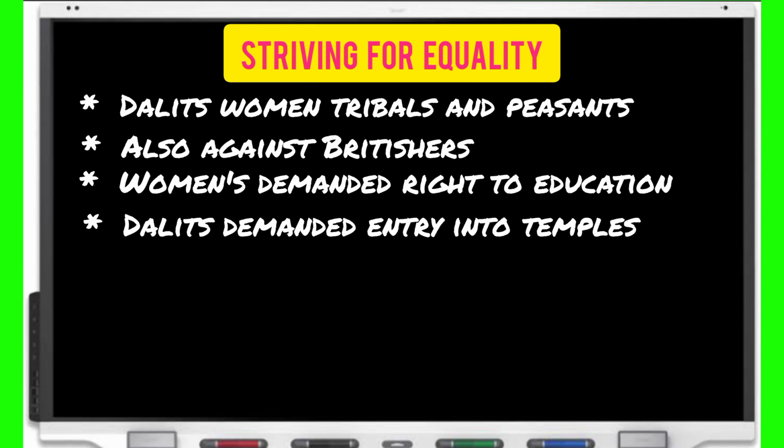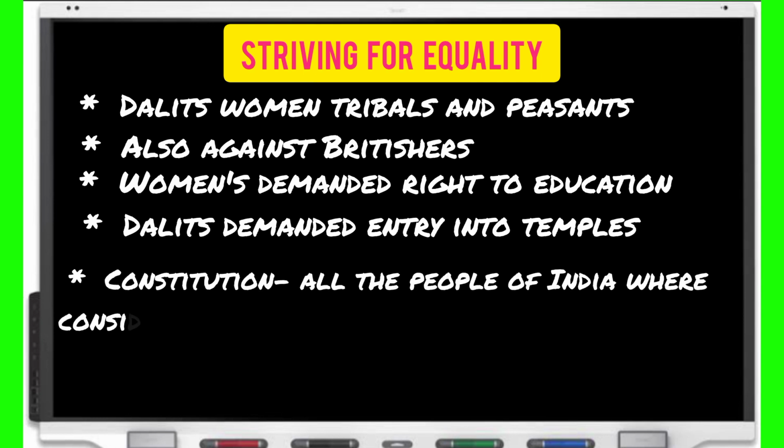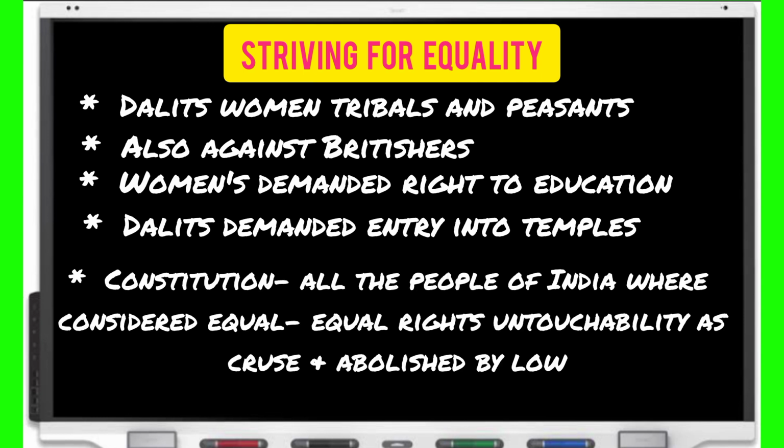Again, there were various demands that were coming up. Finally, when the Constitution of India was framed, it was clearly mentioned that all the people of India were considered equal.